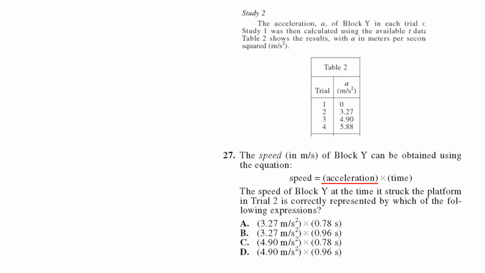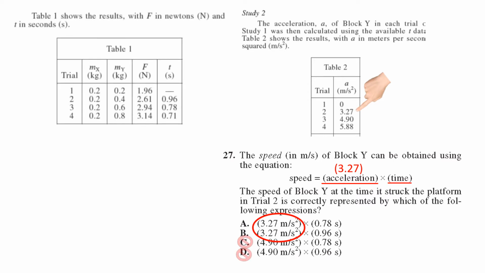So we have acceleration, which is in study 2, trial 2, 3.27. And then we want to find time, which we get in study 1, trial 2, is 0.96. So 3.27 times 0.96, and our answer is B.